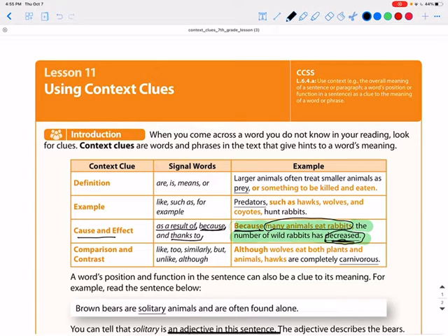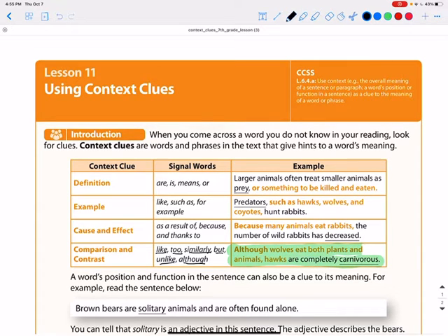One last one is comparison. Compare and contrast. So you'll make sure that you have like, to, similarly, but, unlike, and although written down. And let's read the sentence. Although wolves eat both plants and animals, hawks are completely carnivorous.